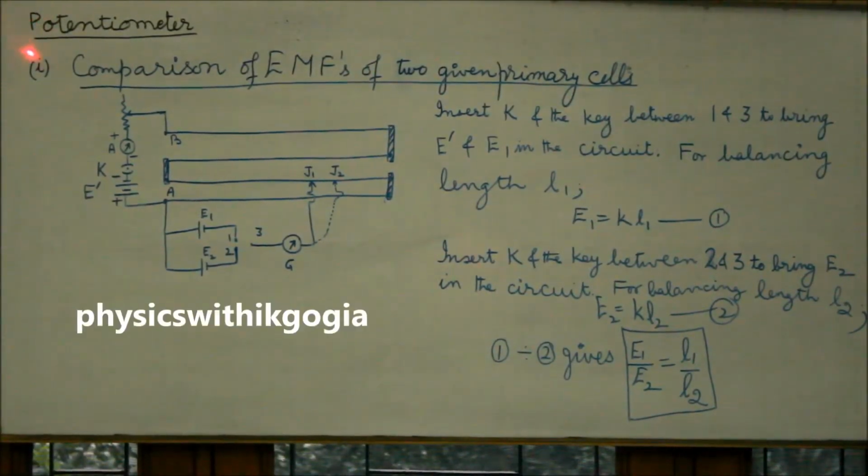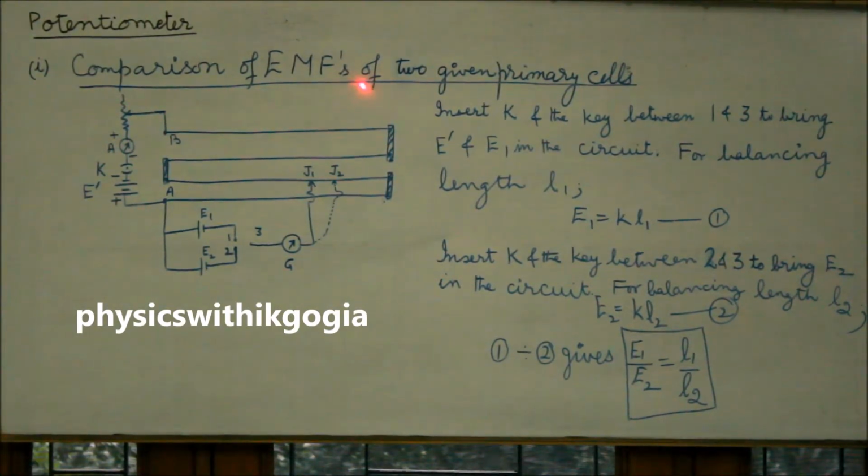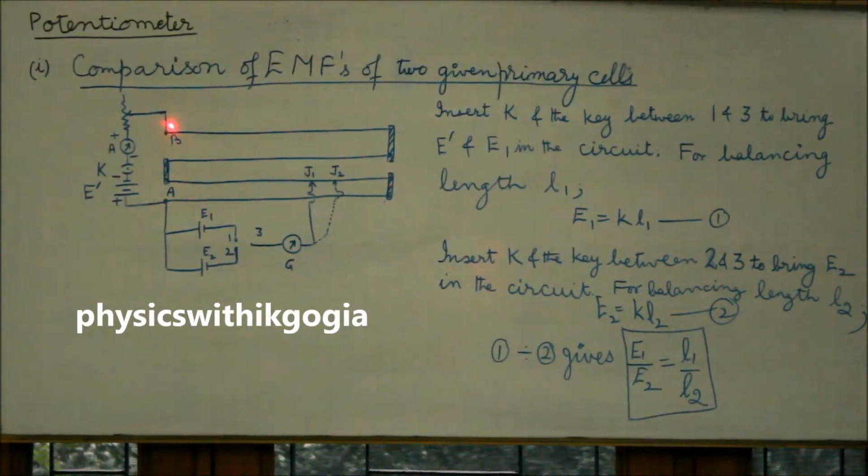Let's now see applications of the potentiometer. The potentiometer can be used to compare electromotive forces of two given primary cells. For the purpose, we take the potentiometer, say this 4-wire potentiometer, which we generally have in the lab. This is the 0 centimeter end, the 400 centimeter end.